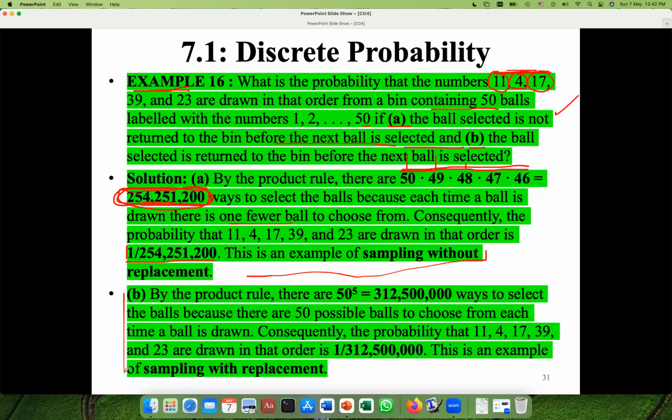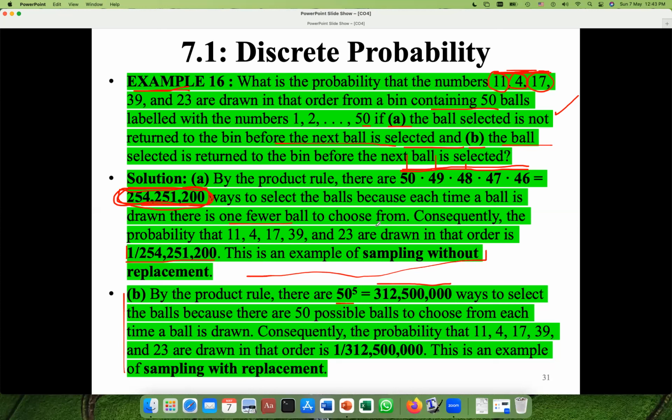And then for B, 50 is the total number of balls. How many times will you select a ball? 5 times, because you need 5 balls. Each time you have 50 balls, so 50 raised to the power 5 is the total number of options available for selecting the balls in case B, when you have to put the ball back in the bin.